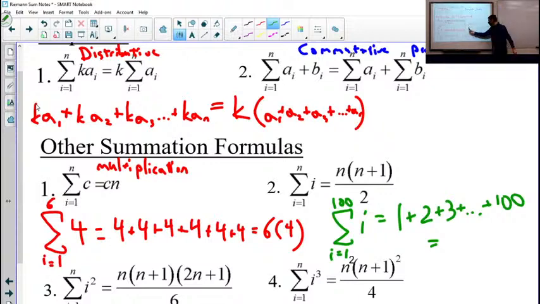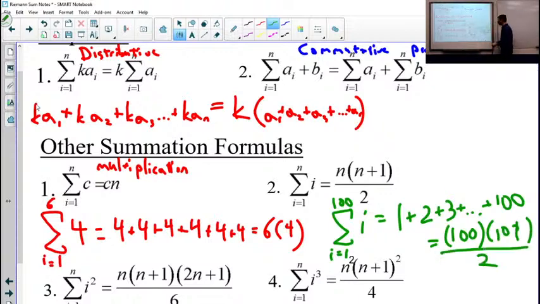What is n? n is the number up here. It's 100. And so the shorthand way to get this answer, instead of having to add up all these terms, is to take n, 100, times n plus 1, 100 plus 1, and then divide by 2. And that's the sum of the first 100 numbers.